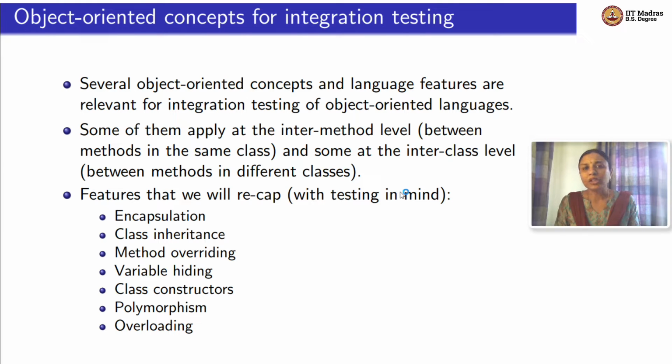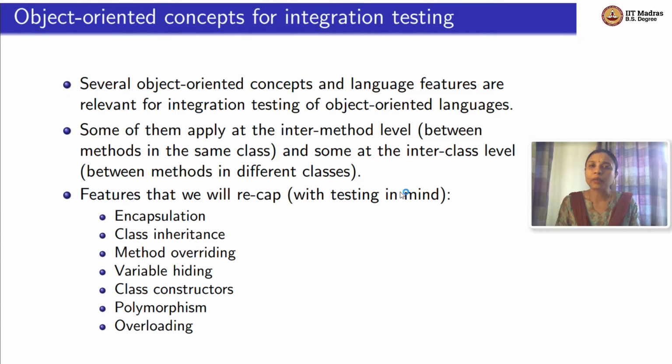So while we do integration testing for programming languages that are imperative in nature, like C or other programming languages, we don't use several concepts. But when we apply the same integration testing for object-oriented languages, a lot of other features of object-oriented languages come into influence when it comes to testing.